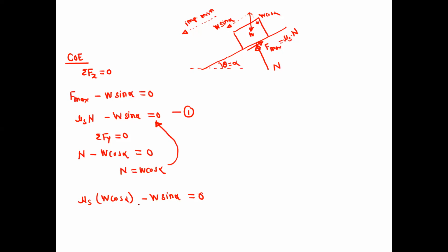W we can cancel out. The remaining is mu s cos alpha equal to sine alpha, and mu s is equal to sine alpha upon cos alpha, that is tan alpha. So tan alpha is equal to mu s.